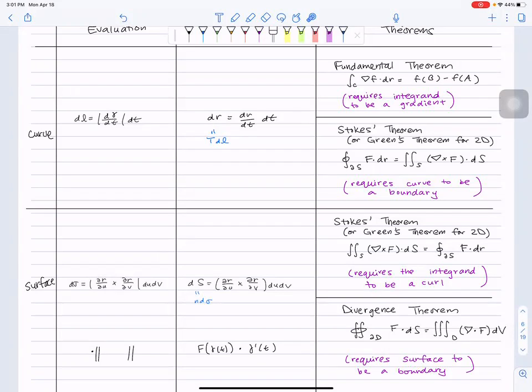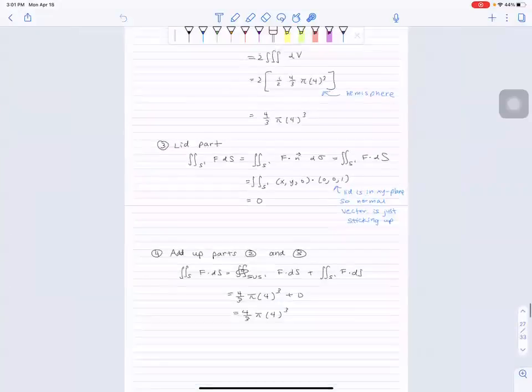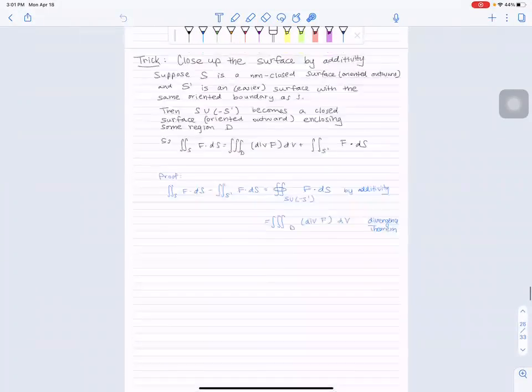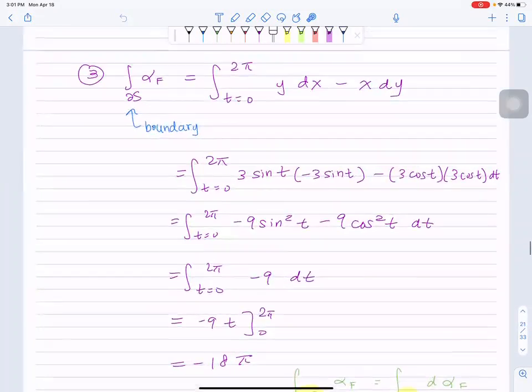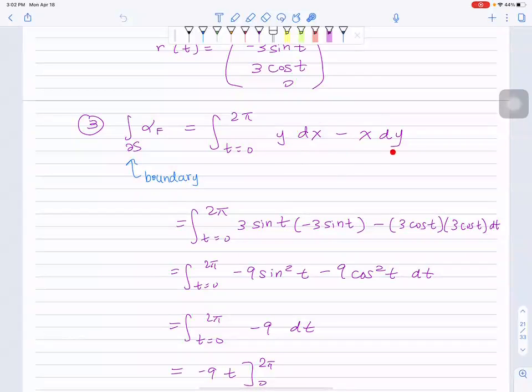Can we do this as opposed to finding the dS? Yes. If you have a surface, it would ask you to find this, but that would be too hard. So instead, we want to find the boundary, like we had with the hemisphere and the lid. So instead, we use the outer boundary and do f dot dr. What is f dot dr?